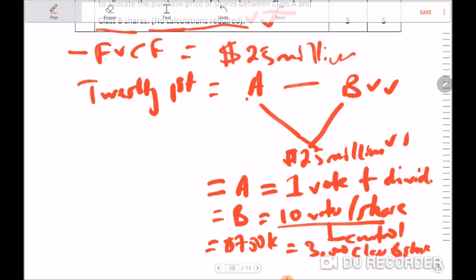So as a student, you could have come up with a value per Class B share with reference to offer 1. Then I value the entire Class B shares and deduct it from the offer made by First Venture Capital Fund. The remaining is what I would allocate to Class A. So the idea here was for you to discuss a reasonable allocation basis.